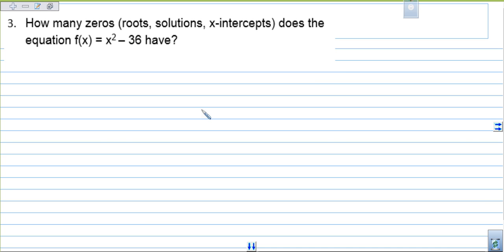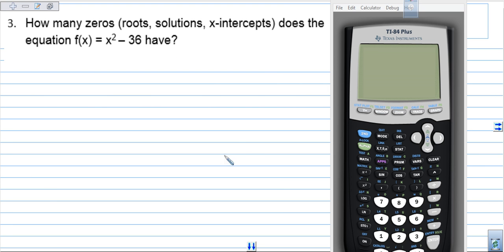Question number 3 says, how many roots, zeros, solutions, x-intercepts does the equation x squared minus 36 have? And so one thing that you can do is you can use your calculator. This is going to be the only way I'm going to show you because it's the fastest and easiest way to do it.